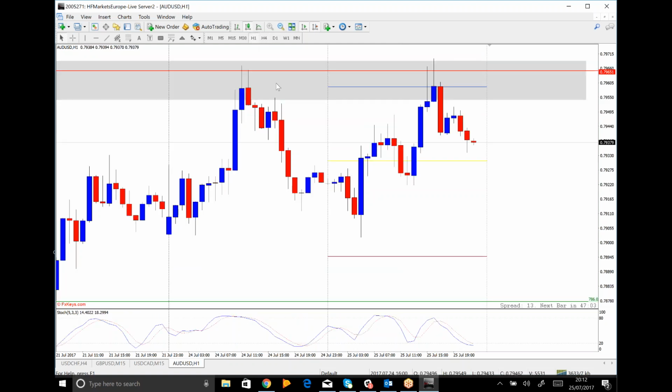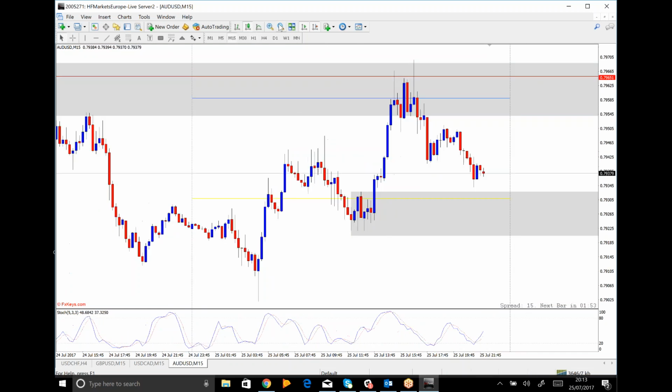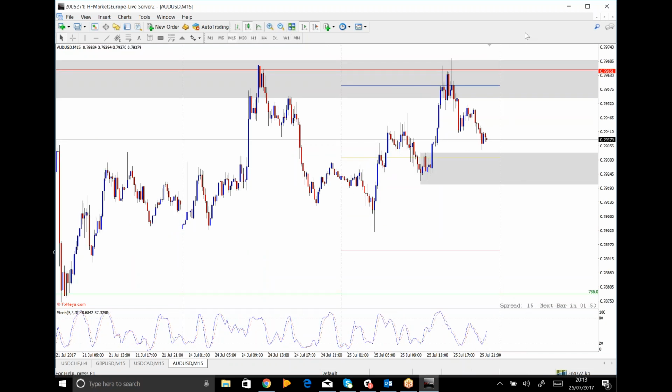But tomorrow's going to be long. I want to see it drop to here and then buy tomorrow. It's going to be long intraday, and then long-term short again.